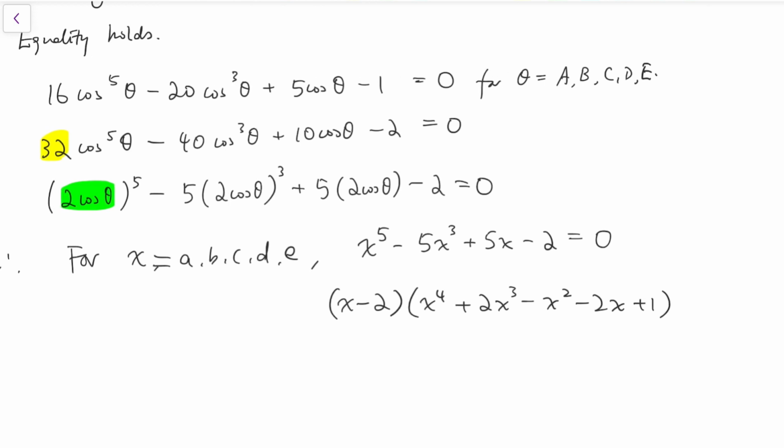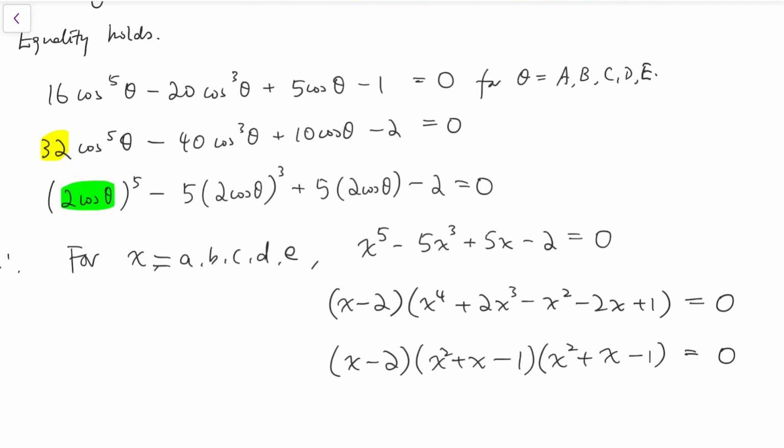And we have x to the power 4 plus 2x cubed, and then minus x squared minus 2x plus 1. That really equals 0. Furthermore, I can even factorize the quartic into x squared plus x minus 1 times the same thing.